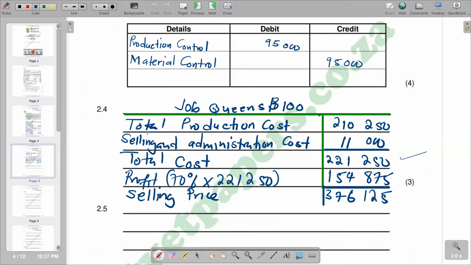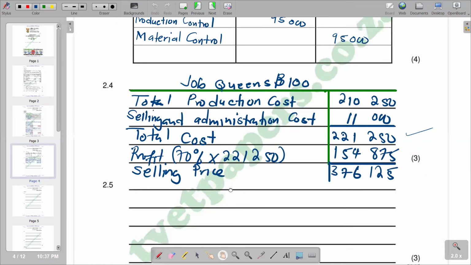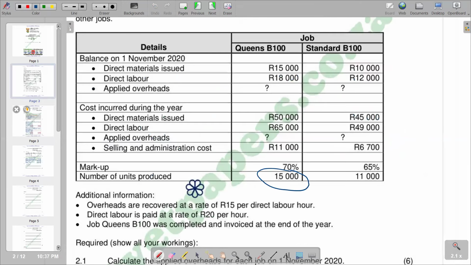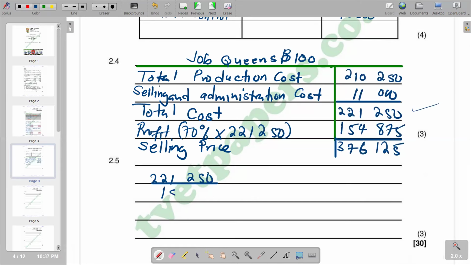So basically, that's how we are going to calculate it. So we can just say 221,250. Then we divide by the number of units, which we got as 15,000. And we're going to get your answer as 14.75 cents per unit.